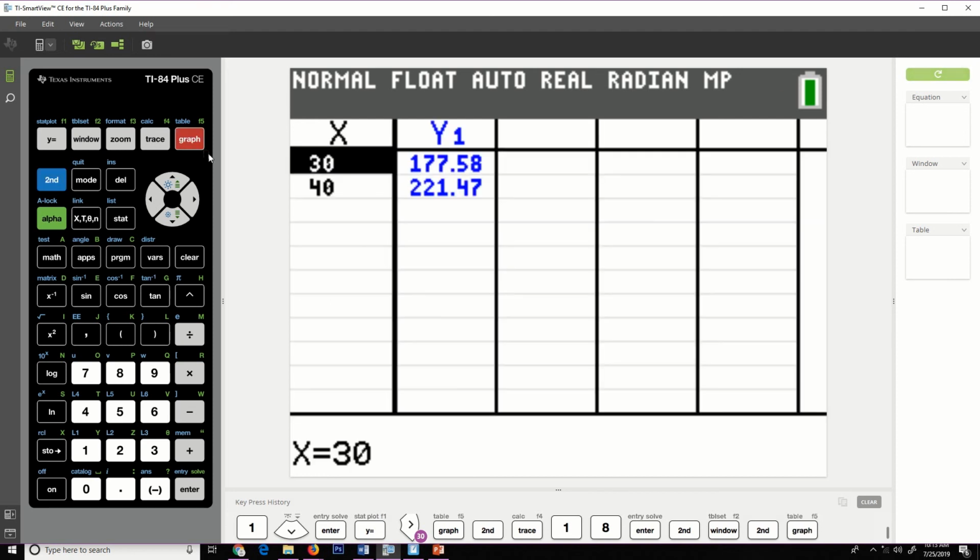If I go second, table, and enter 30 and 40, I get a 177 and a 221. If this is a percentage-based test, clearly these two do not make sense in the context of the problem, because you can't earn 177 on a test when the best you can do is 100%. And if you can't do it for 30, you can't do it for 40.